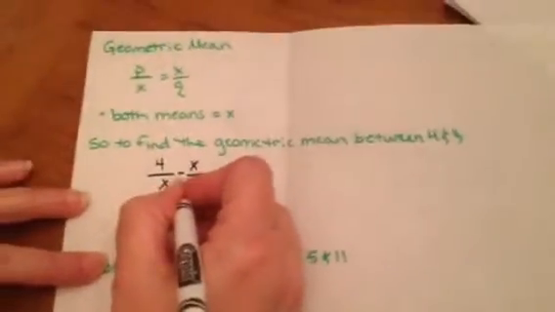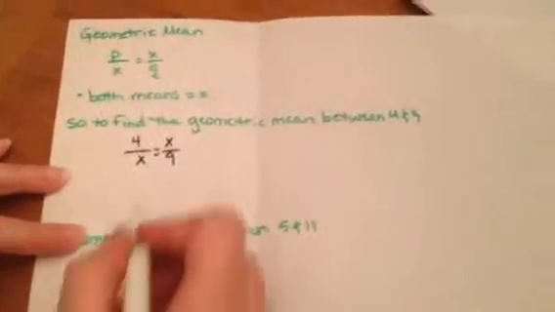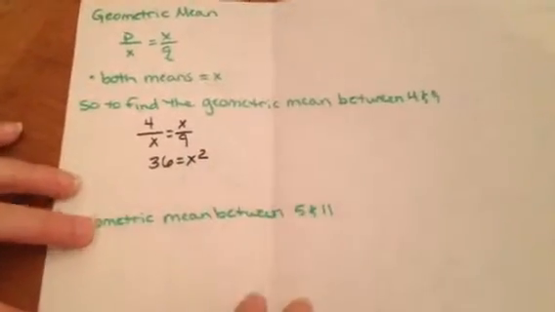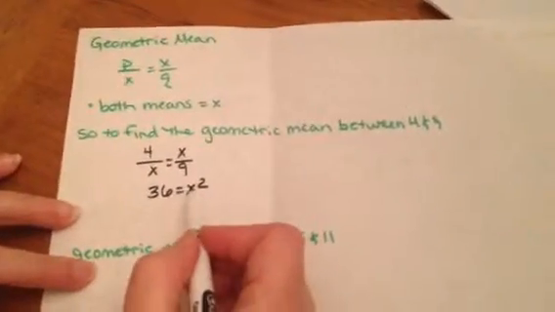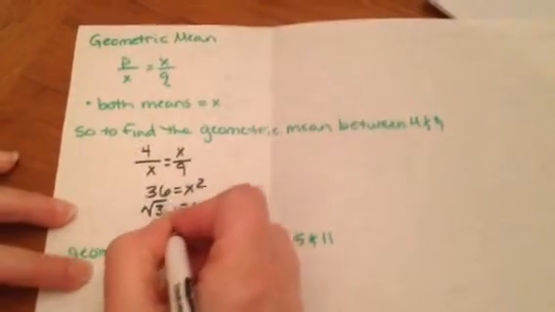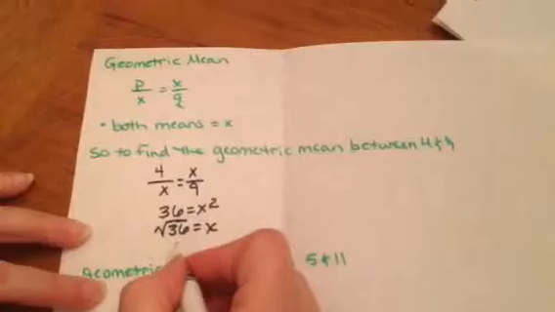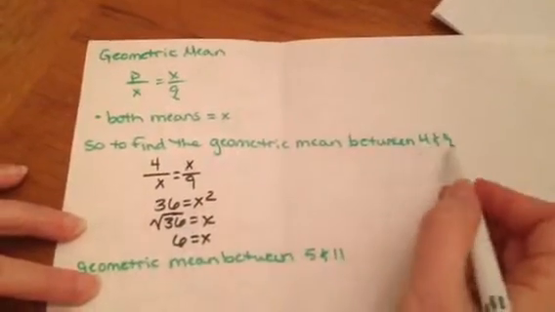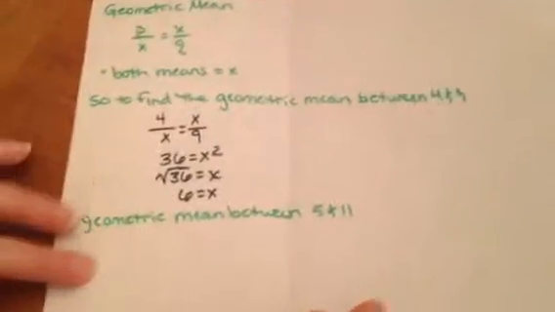I would make x both of the means, and I'd cross multiply. When I have a quadratic equation, the opposite of squaring is taking the square root. The square root of 36 is 6, so the geometric mean between 4 and 9 is 6.